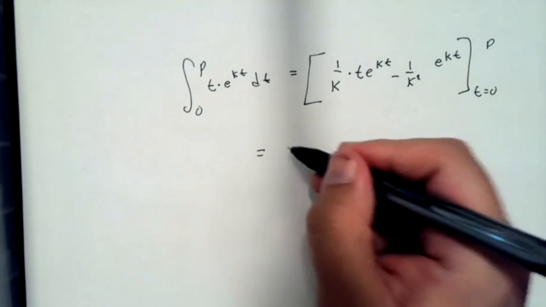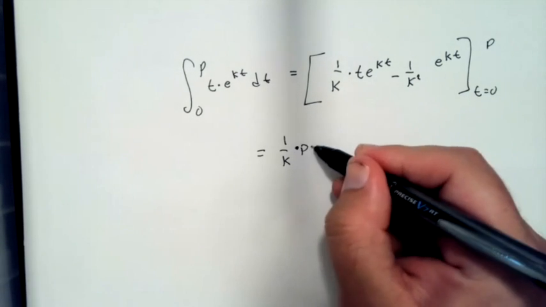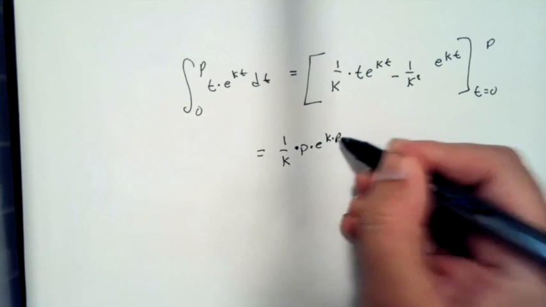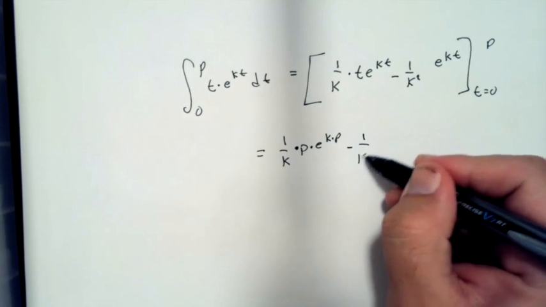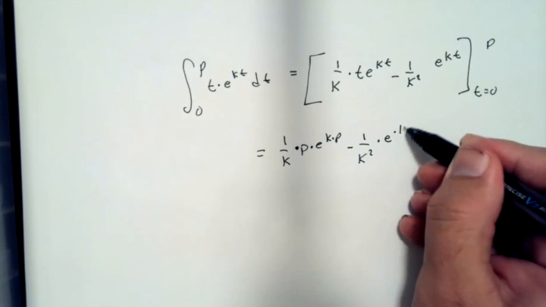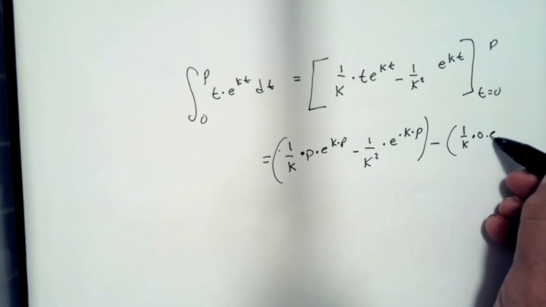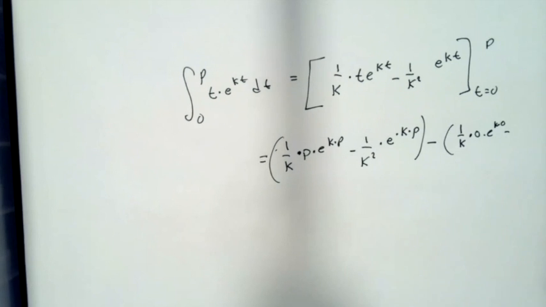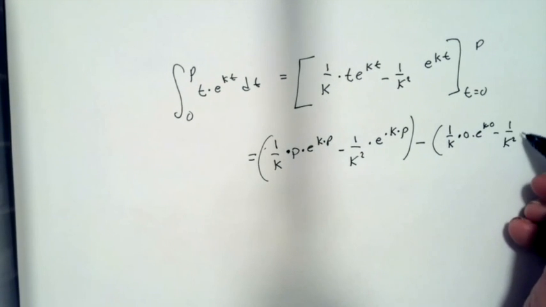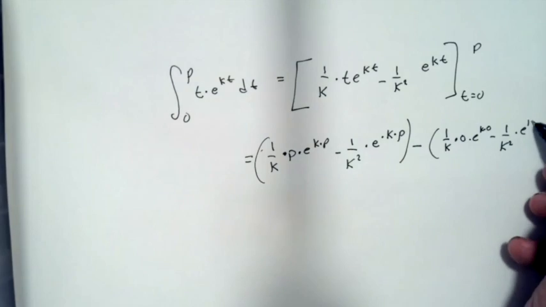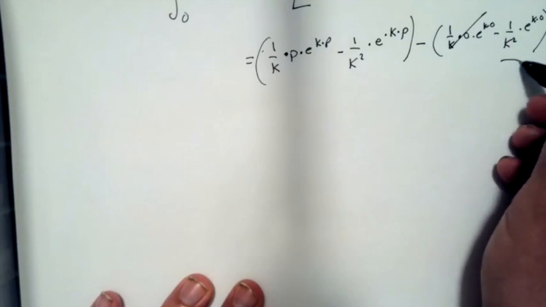So I have 1 over k times p times e to the kp minus 1 over k squared times e to the kp, minus 1 over k times 0 times e to the k times 0, minus 1 over k squared times e to the k times 0. This is equal to 0. This is not, so we have to keep it.